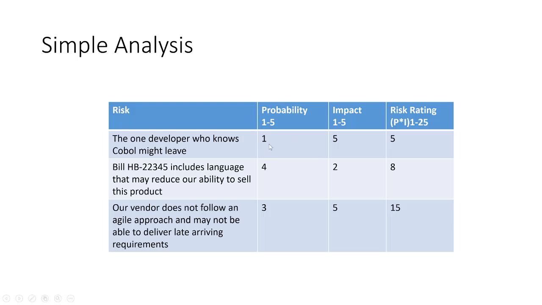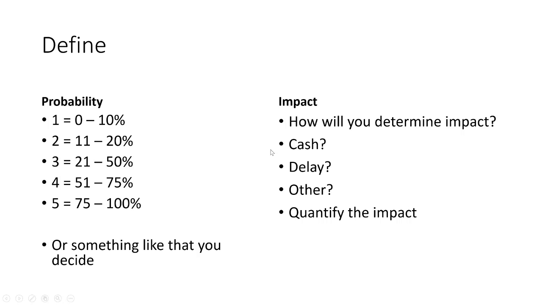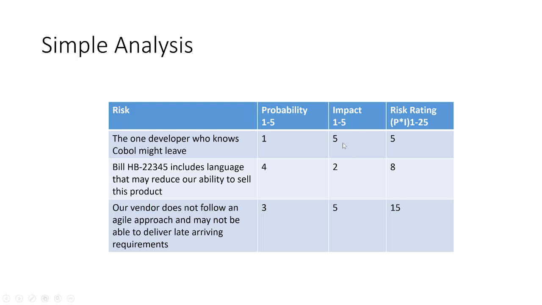Then you'd have a probability of 1, or that a developer who knows COBOL might leave. Well, these were actual real risks with one of my clients. So there was the risk that one of their COBOL developers, who's like a really key person who knew their system more than anything, it was a low chance that he might leave, but it would be a high impact because he was the only one that knew the system.